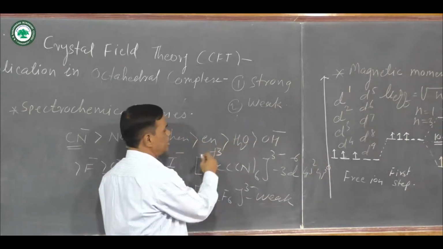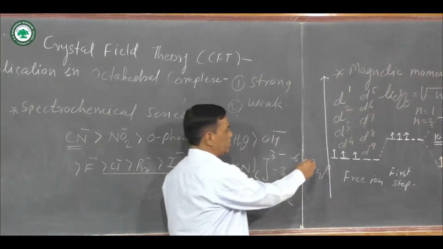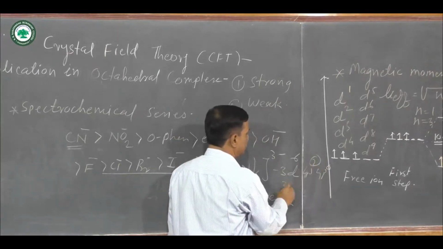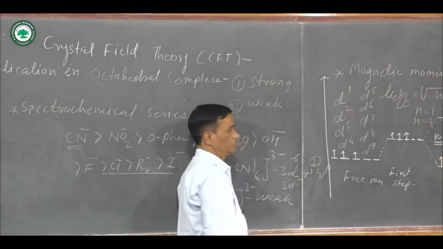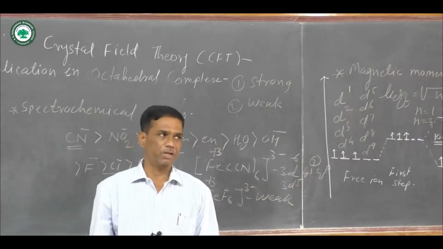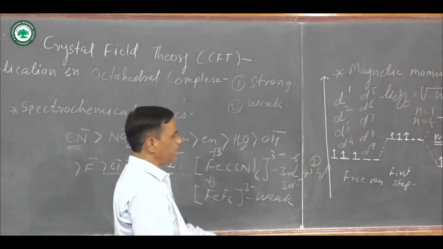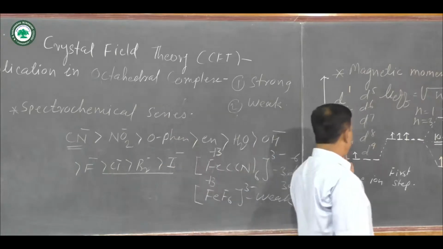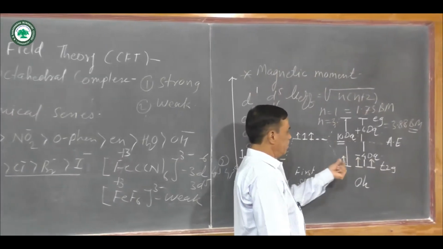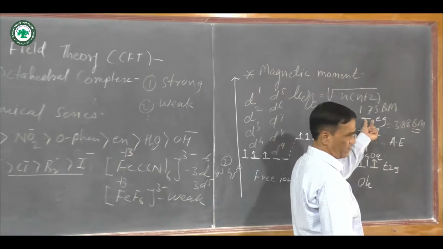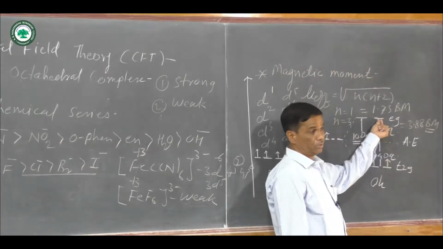Charge on iron is 3+, therefore 3 electrons are removed and here is 3d5. Filling of those 5 electrons takes place here: 1, 2, 3, 4, 5. That is weak field.